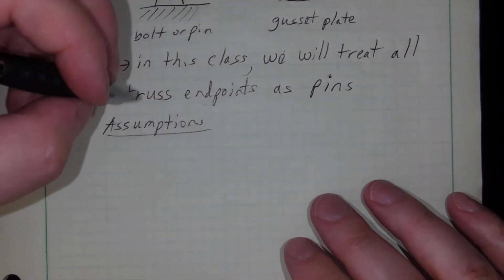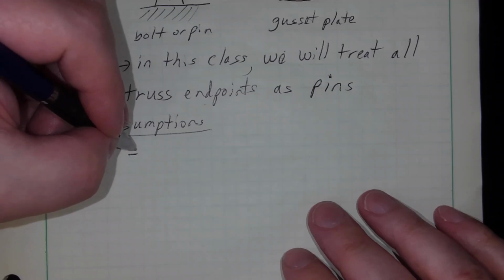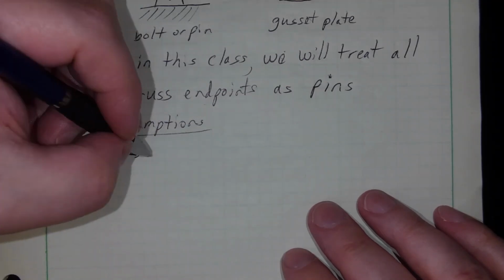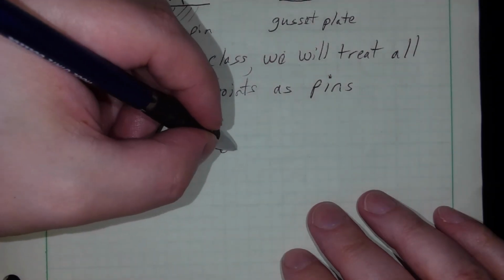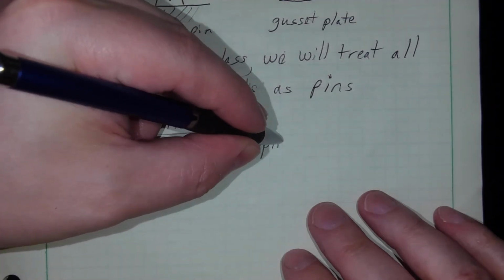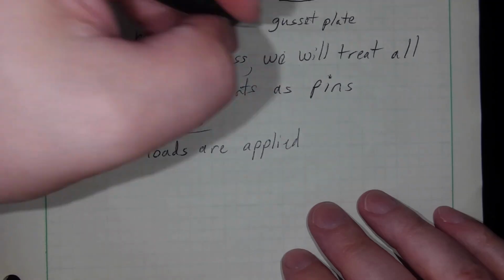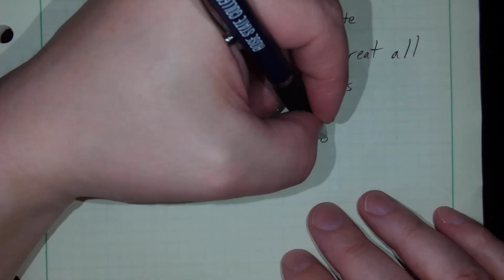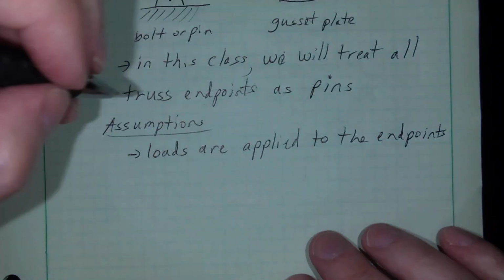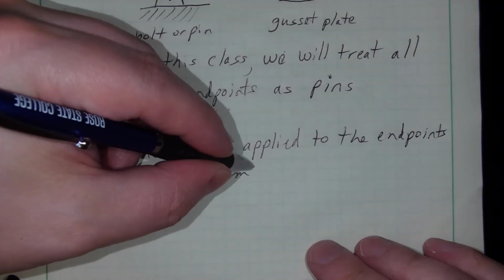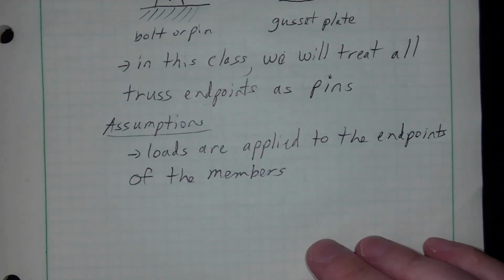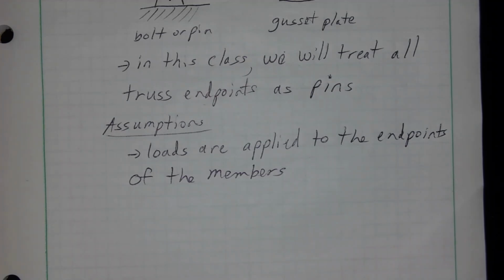Well, the biggest difference with trusses versus a frame or machine is that with a truss, loads are applied to the endpoints of the members. I'm going to pause it here, make sure I'm using the right microphone.